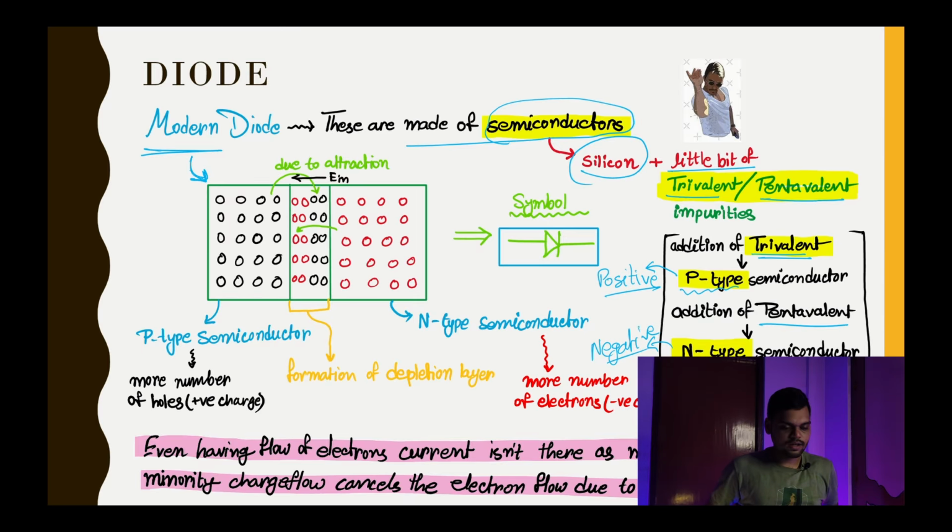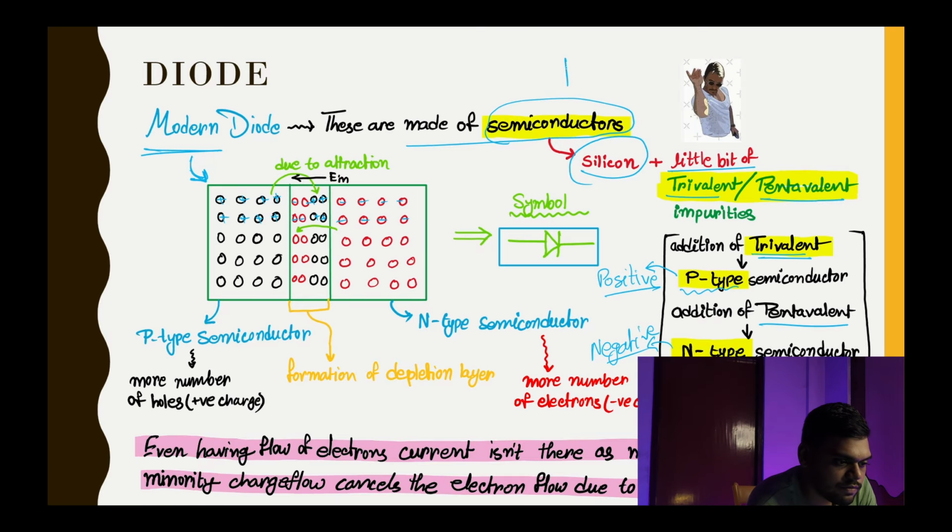Okay, how does it work? Let's have a look. The p-type semiconductor has positive charges as majorities. These black balls are positive charges, and the red balls are negative charges.